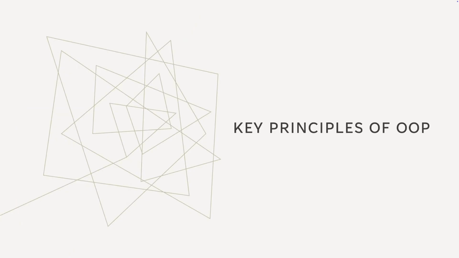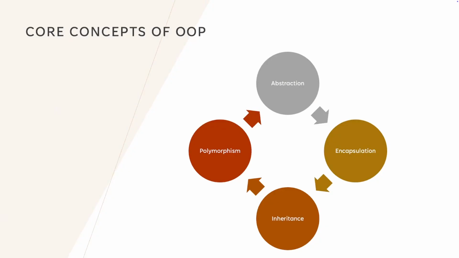Key principles of OOP. Now, let's talk about the 4 key principles of OOP. These principles are the foundation of how object-oriented programming works in Java.